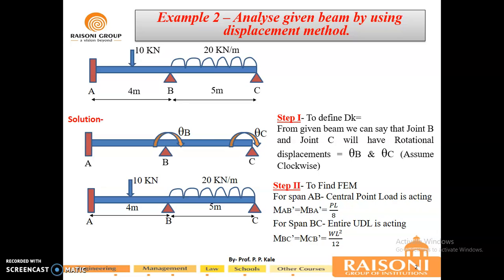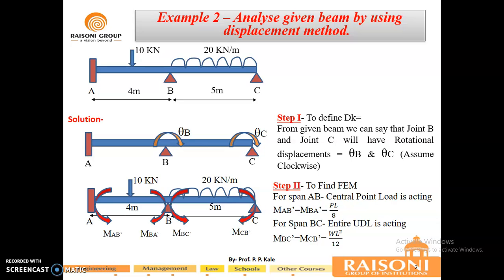Whenever there is a central point load acting on a span, for calculating FEM, consider each support as a fixed support. That is the assumption behind it. So for a fixed beam having a central point load, both ends of that span will have a support moment of PL upon 8, that is the fixed moment for a point load.